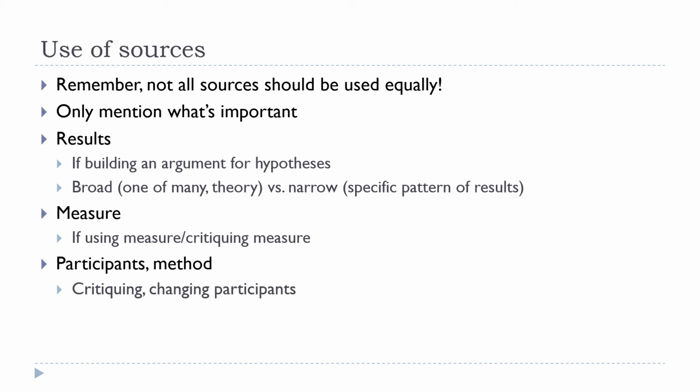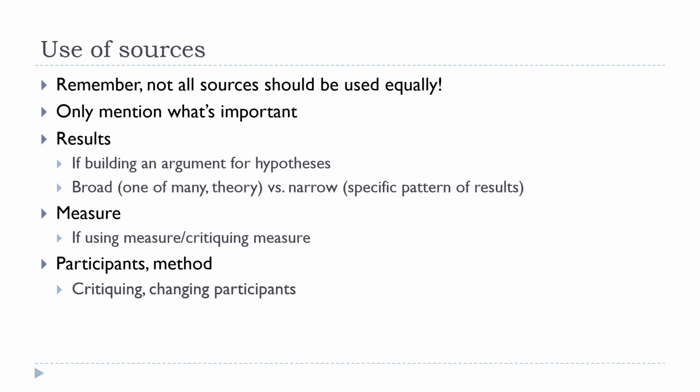Likewise, when thinking about another study's participants, you wouldn't necessarily highlight that other study's participants unless it was a source of critique. For example, this particular study used a sample that I think was inappropriate or that might have led to different results if they had used a different sample, or that you are specifically changing participants.